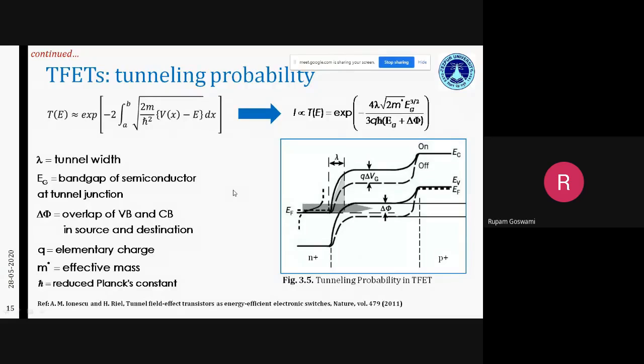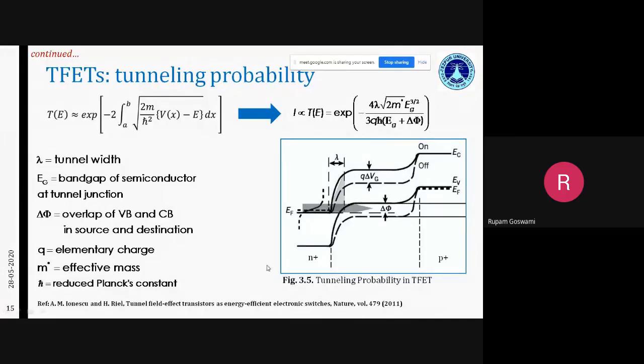Okay, and delta phi is the overlap of valence band and conduction band in source and destination, and q is the elementary charge, m star is the effective mass, and h cut is the reduced Planck's constant. But what is more important here is the band gap of this particular junction, the tunnel junction.